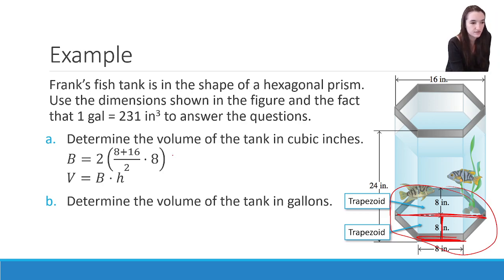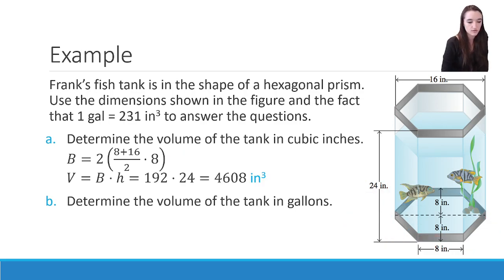So together, this is going to be 192. Then we multiply by the height of the entire shape, which is this 24 right here. The 192 times 24, and then what's our unit? Our unit is cubic inches. So 4,608 cubic inches makes up our entire volume.